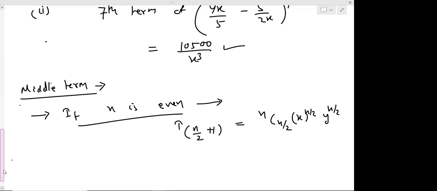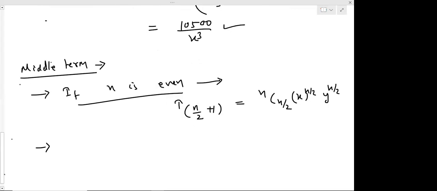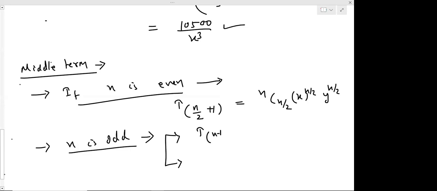This will be the middle term. When n is odd, then there will be two middle terms. One is t of (n minus 1) by 2 plus 1, and another is the term (n plus 1) upon 2 plus 1.